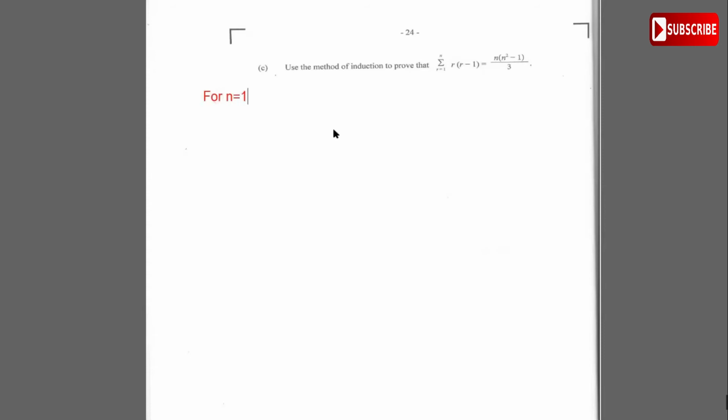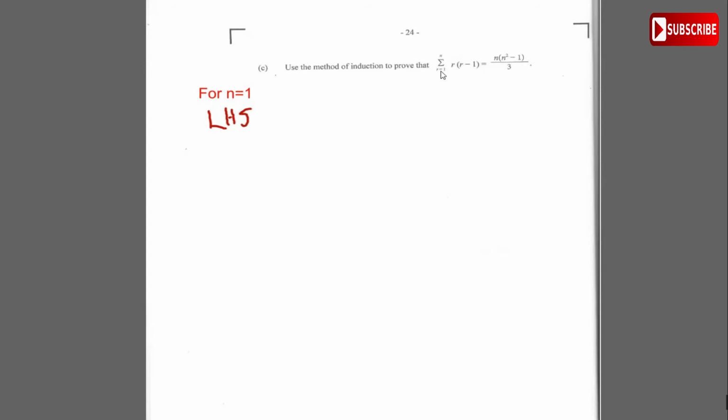For n equal to 1, we're proving this by induction, it's going to be the sum from r. Well, don't even need to write all of this long thing right here. For n equal 1, I'm just going to write left-hand side. Can't bother to write out this summation.